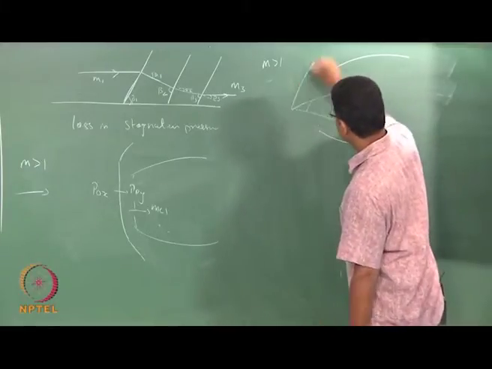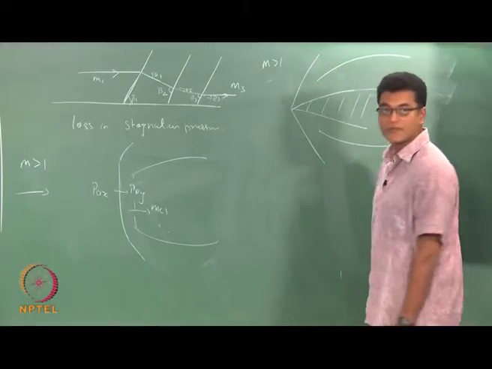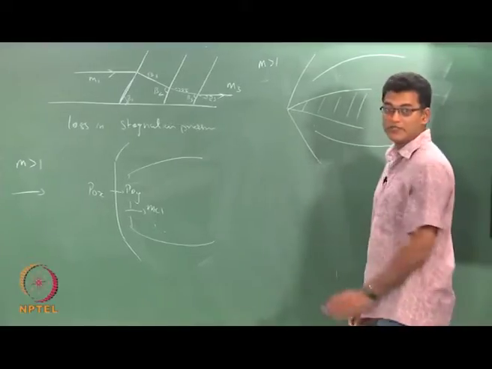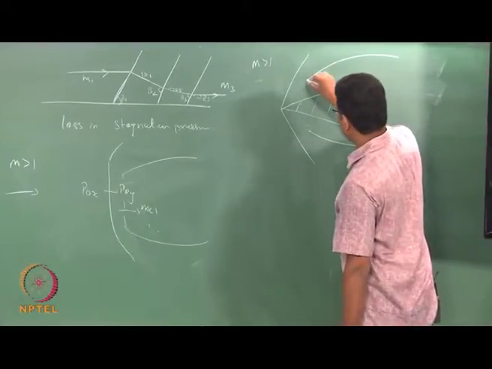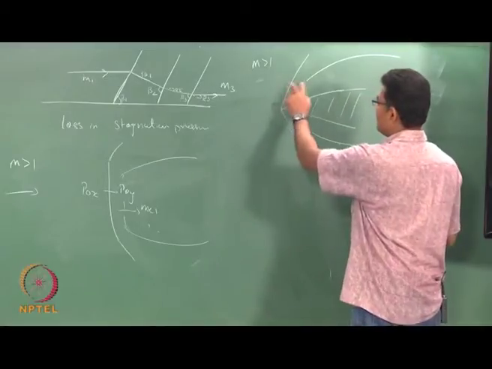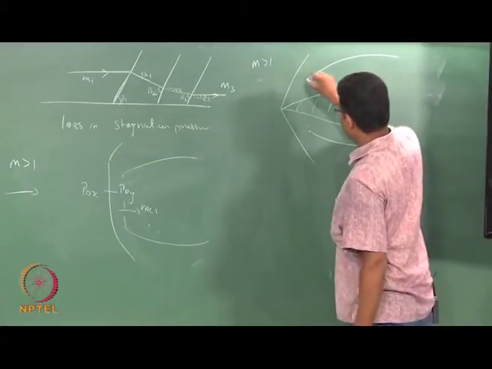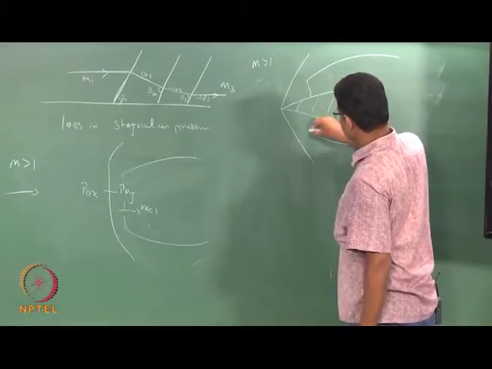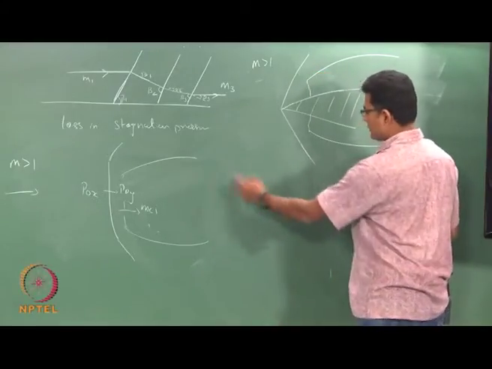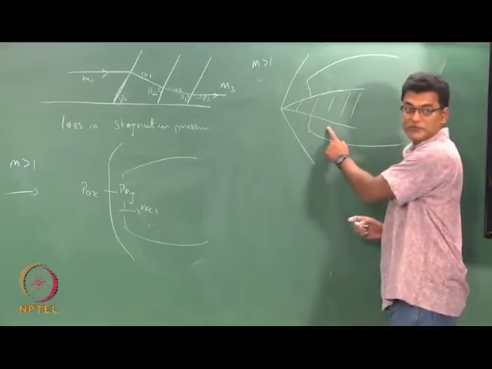So I would have a shock here. Okay. So I have an oblique shock here. Now the oblique shock will have a supersonic Mach number behind the wave. So that would create another shock here. So instead of one strong shock, now I have two shocks here.